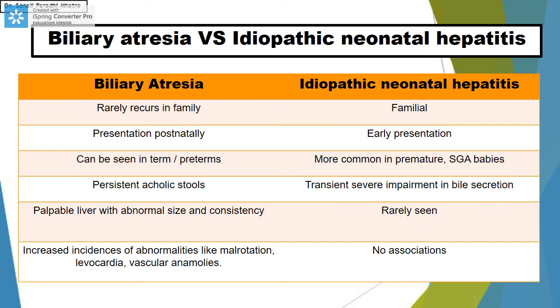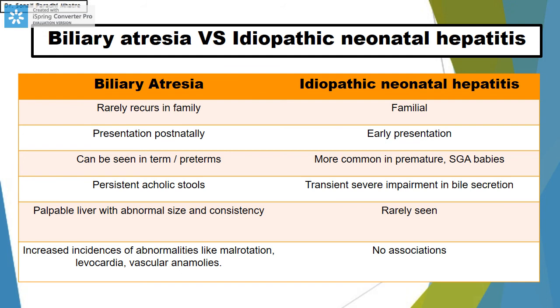Idiopathic neonatal hepatitis is more common in prematures and small for gestational age babies, and there is no such gestation-wise differentiation for a biliary atresia child. In biliary atresia, the child will have persistent acholic stools. In neonatal hepatitis, there can be transient severe impairment in bile secretion, so the stools will be sometimes clay colored, sometimes yellow colored.